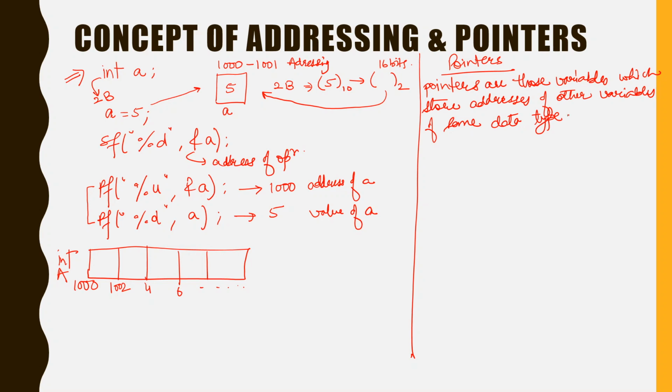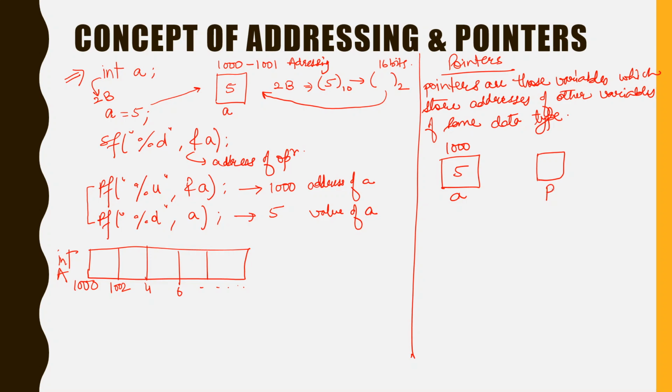Suppose we have a variable a whose address is 1000 and whose value is 5. The pointer would also be a variable, so it would have memory allocated to it. Suppose I take p to be a pointer.